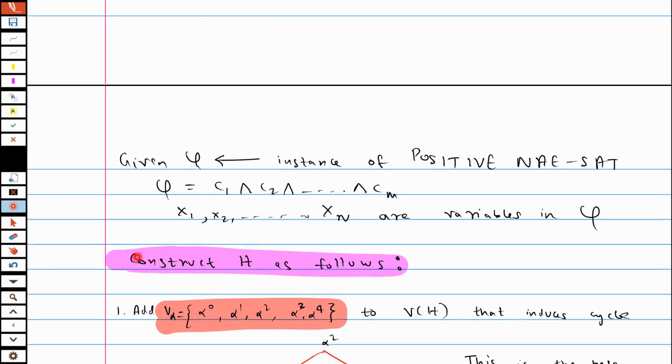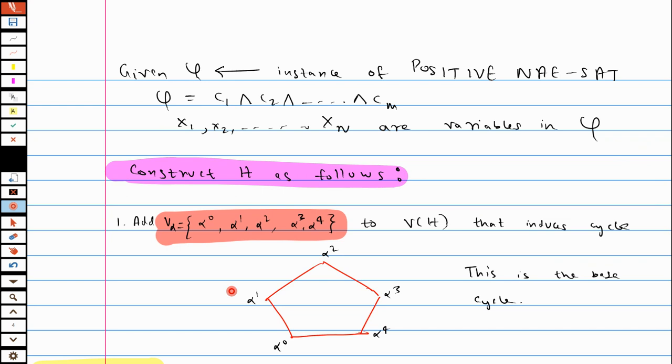First, add a sequence of five vertices called V alpha set: alpha 0, alpha 1, alpha 2, alpha 3, alpha 4, in the form of a C5 cycle. We'll call this the base cycle because when we construct this H, the contraction will happen upon this cycle.